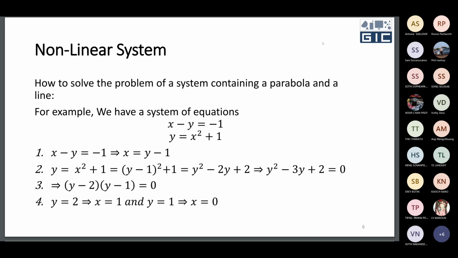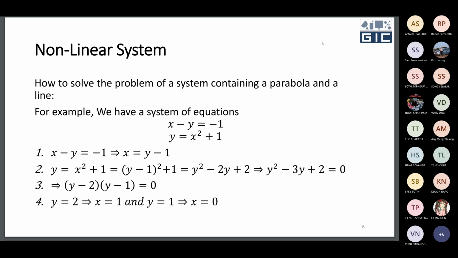So I replace, which means I substitute the variable x. For the second equation, I have y equals x squared plus 1, but x equals y minus 1, so I just replace the value. I get the equation y equal to y squared minus 2y plus 2. And then I can get y squared minus 3y plus 2 equal to 0.